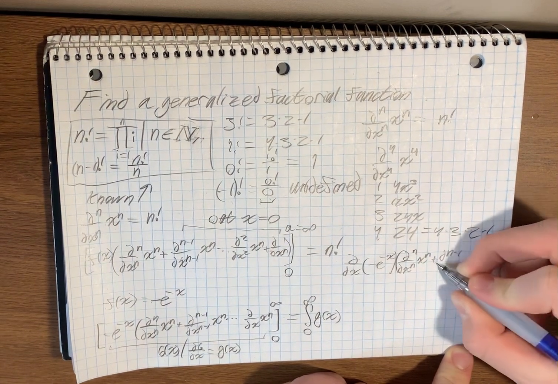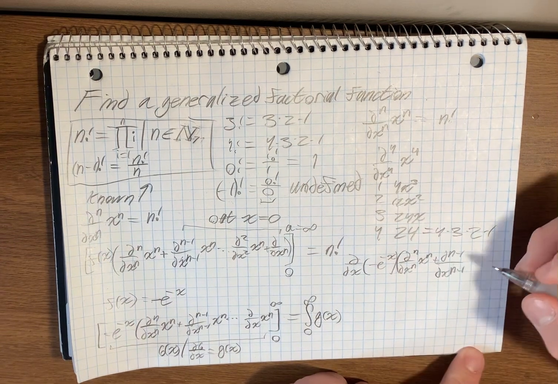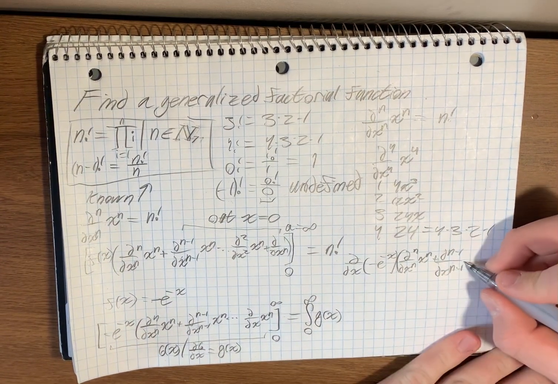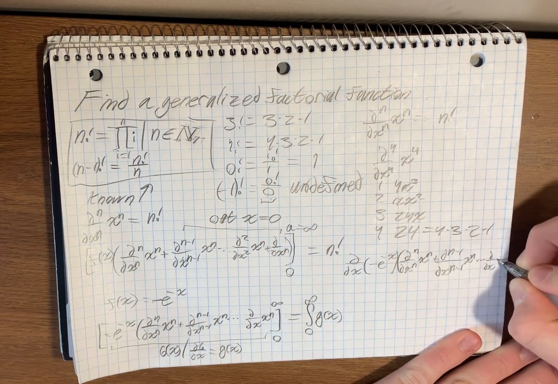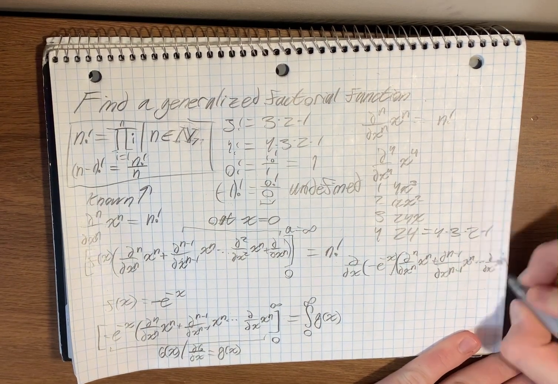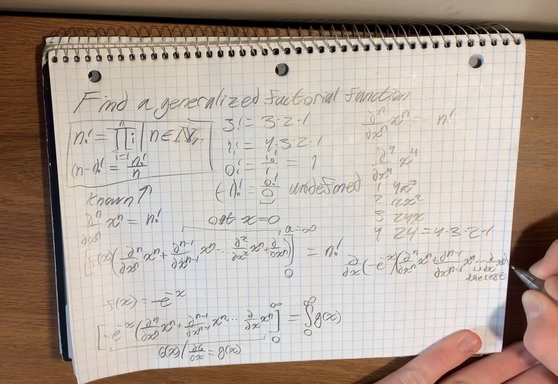The nth derivative of x to the n, the n minus 1 derivative of x to the n, and then the first derivative of x to the n after, and in between this is just the rest of them, right?